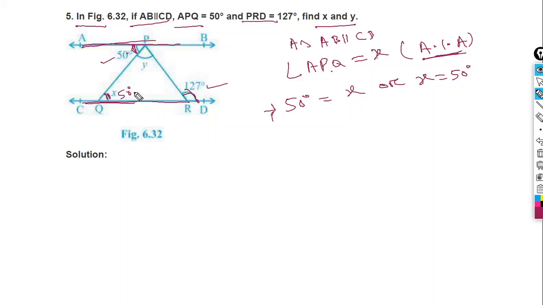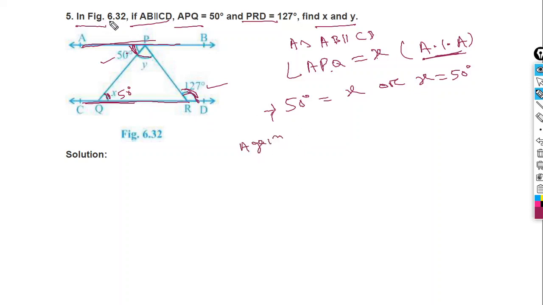Now you see this angle PRD is equal to 127. So angle APR will also be equal to 127. Why? Because they are alternate interior angles, as AB is parallel to CD and PR is the transversal.